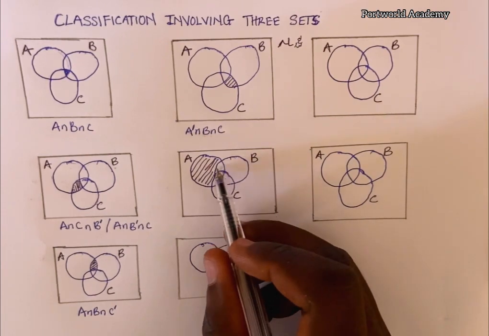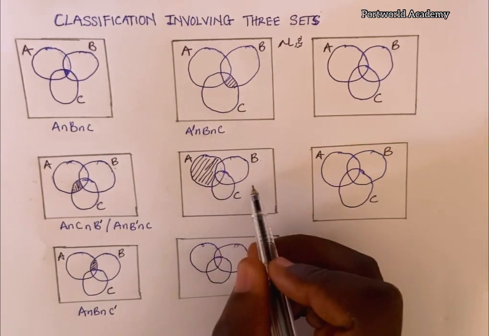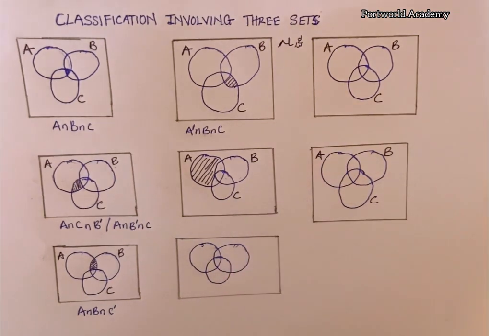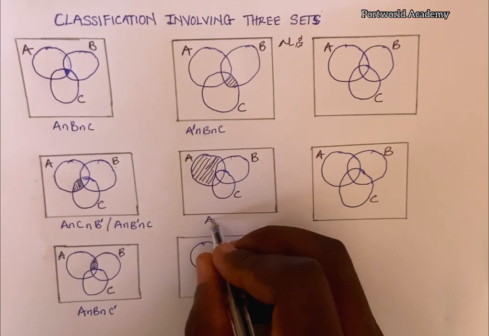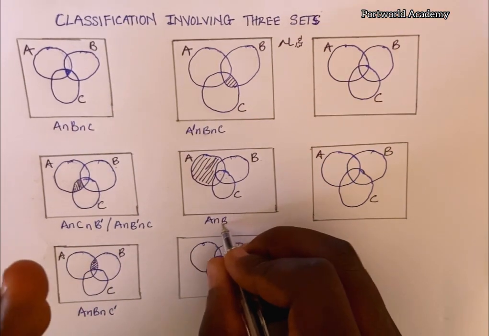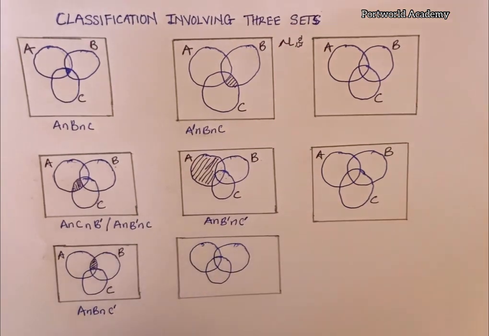So looking at this, my set B is all alone, my set C is all alone. So I can just go ahead and say this is the same as writing A intersection B complement intersection C complement. So that's the part that is shaded.